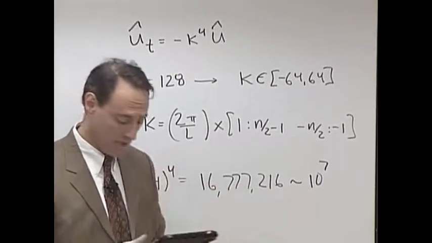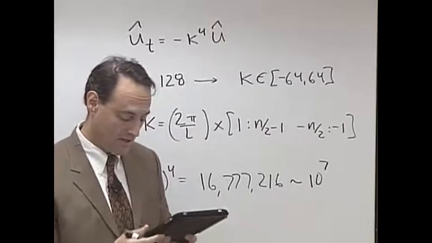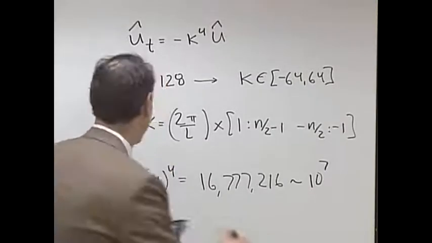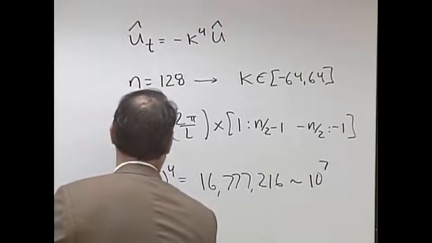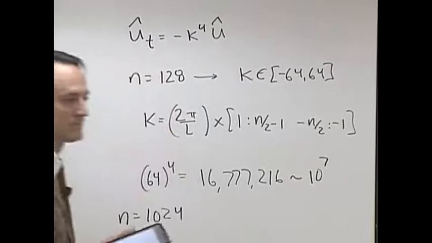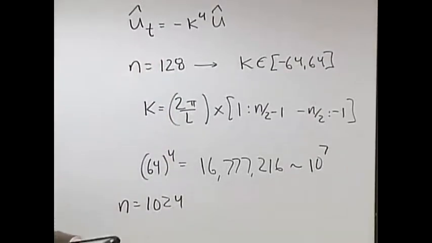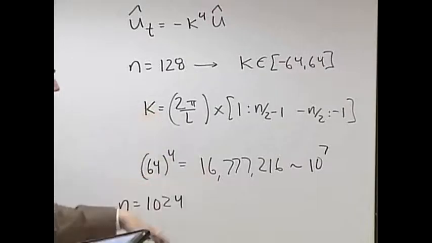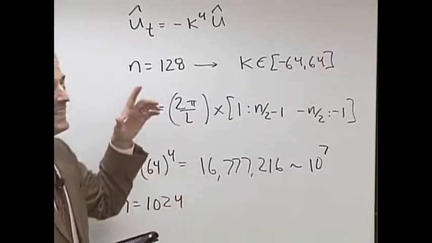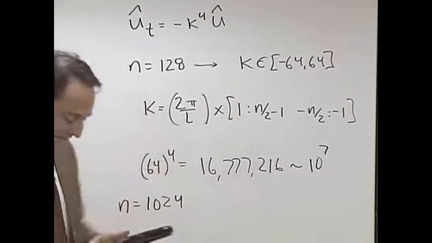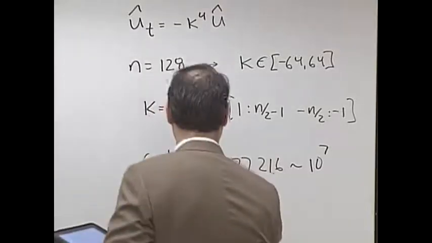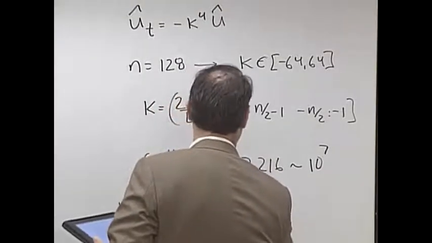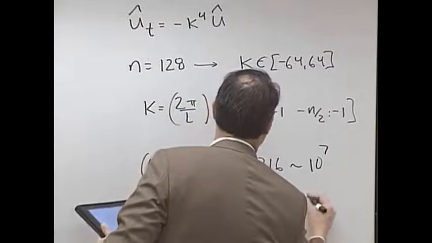This number is huge. It gets worse because 128 Fourier modes is not that much. What if I were to use 1024? 1024, 512. 512 to the fourth power gives you k to the 4, a number like 10 to the 10.